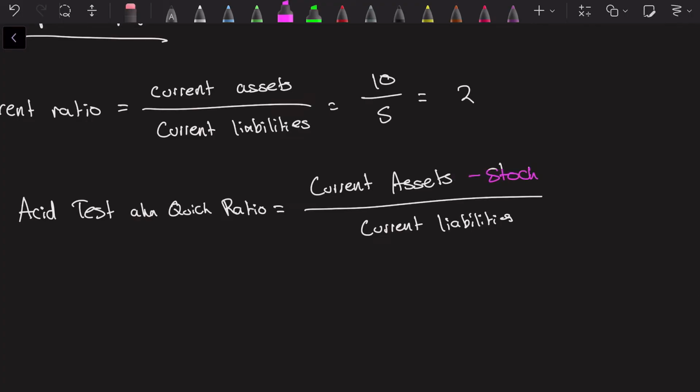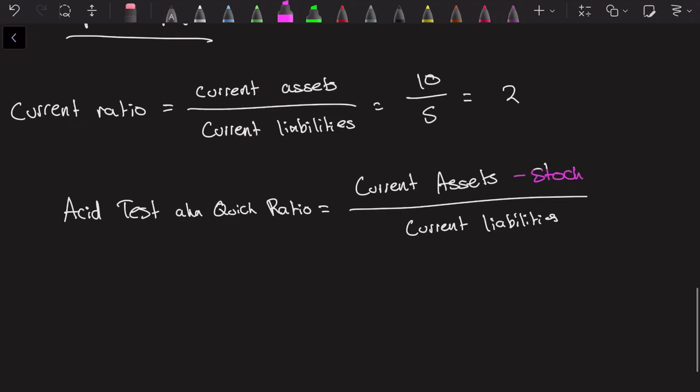The reason we have that difference is because stock cannot always be quickly sold off, right? Sometimes it's unfinished products which don't have much added value. Sometimes it's things that are really, really expensive, which you just can't sell quickly. So the acid test ratio gives a better indicator of how much current assets the business has to cover its current liabilities without stock, because stock cannot always be sold quickly.